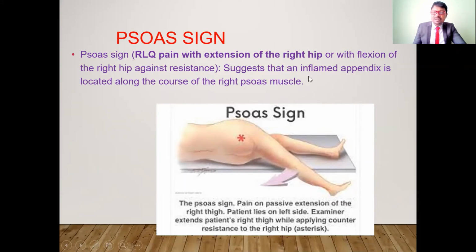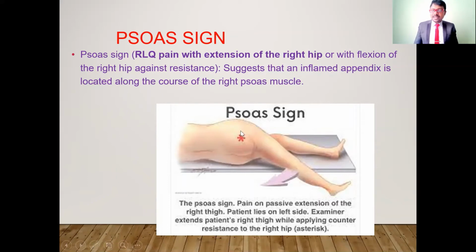So this suggests the inflamed appendix is located along the course of the right psoas muscle. This muscle helps in hip flexion, so if you do the opposite direction, the extension of the hip, it may give severe pain. We can also modify this psoas test by giving resistance to hip flexion.